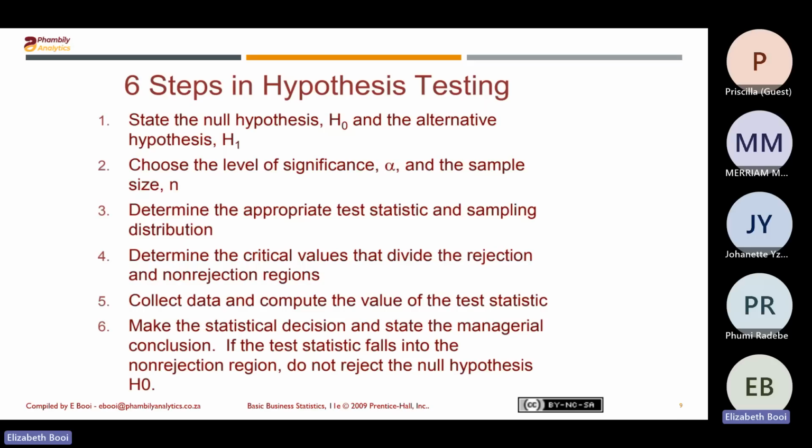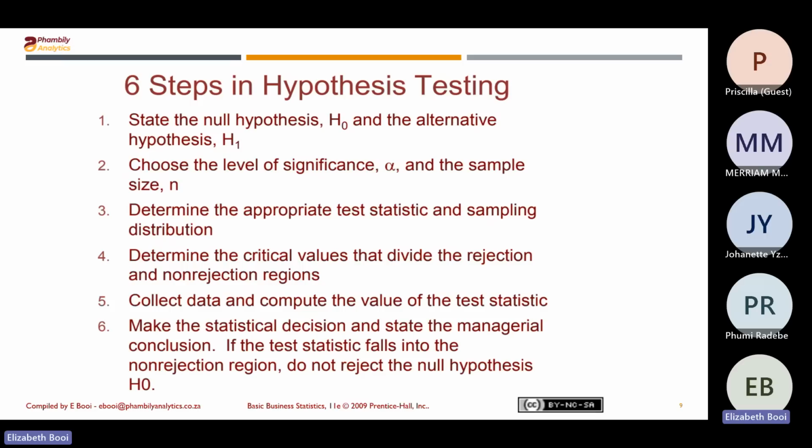Step number 4, depending on what type of test you are doing, you're going to determine where your regions of rejection are by using the critical values. This is very, very important, especially once you have stated your null hypothesis and alternative hypothesis. You look at your alternative hypothesis and you ask, am I doing a one-tailed test or a two-tailed test? I will expand on this further just now.